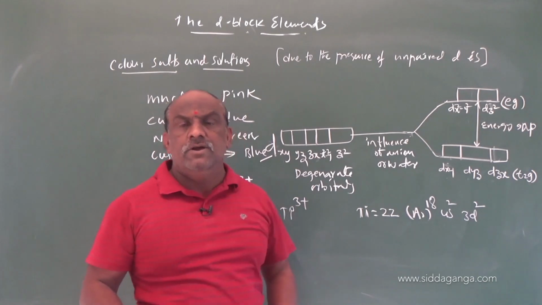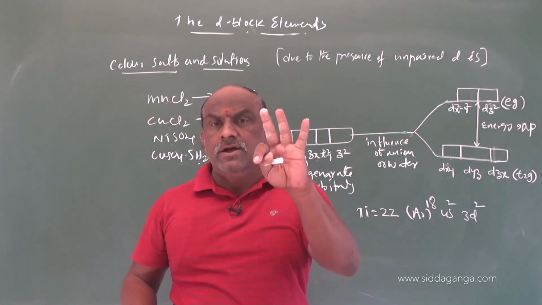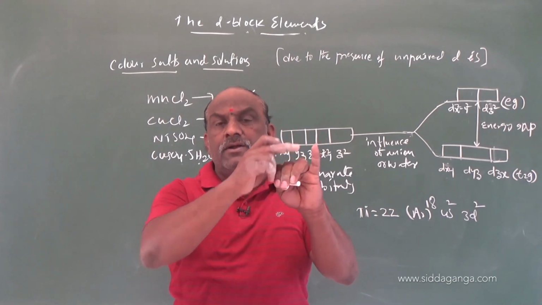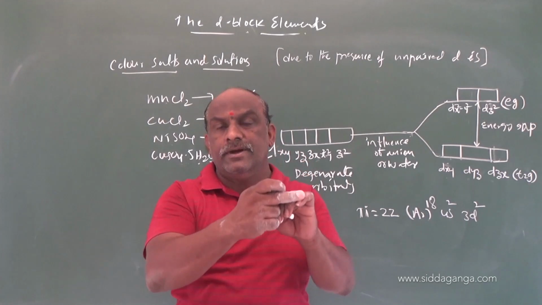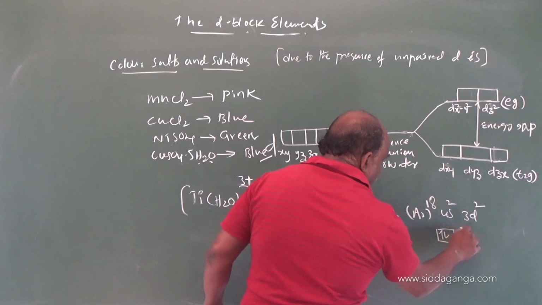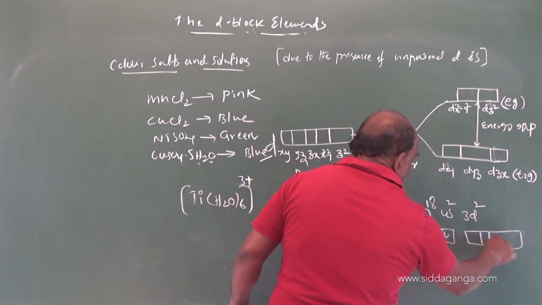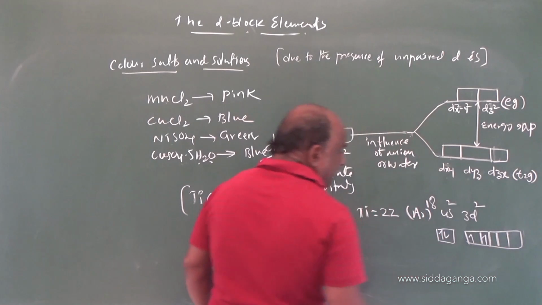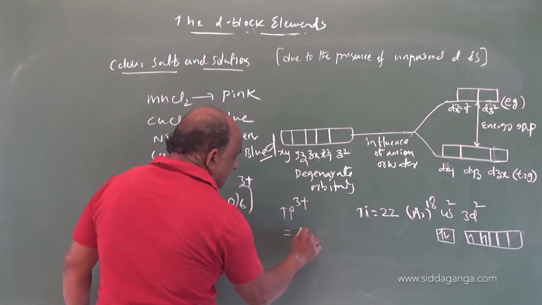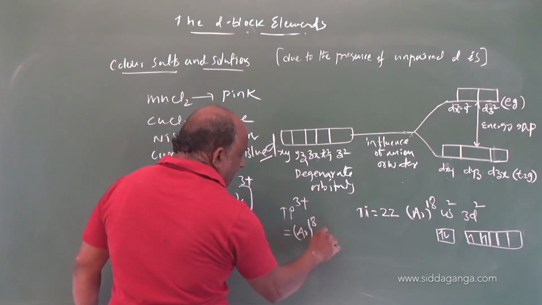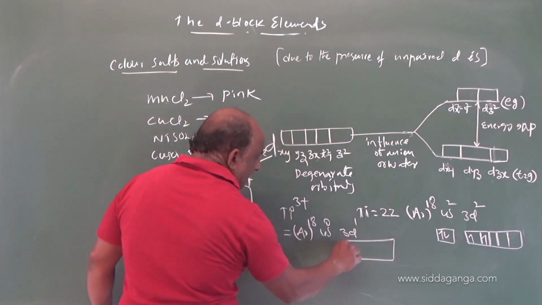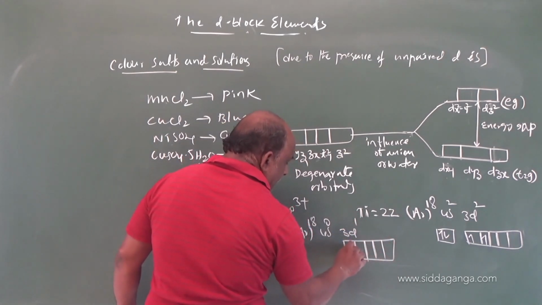Titanium 3 plus means removal of 3 electrons: 2 electrons from the s orbital and 1 electron from the d orbital. Starting from 4s2, 3d2, after removal the configuration is argon 18, 4s0, 3d1.